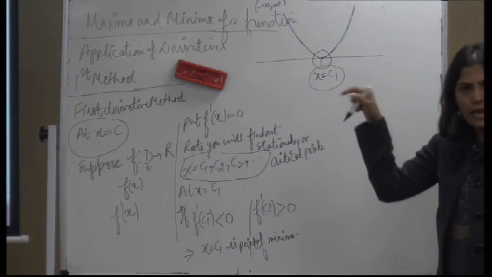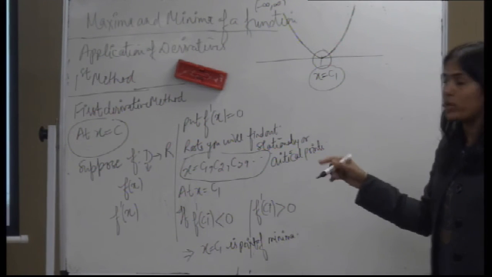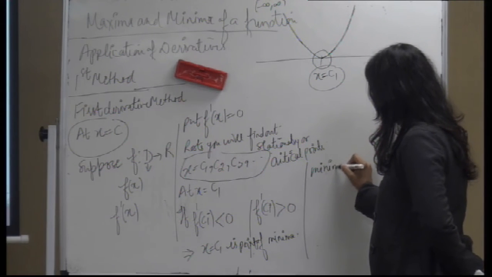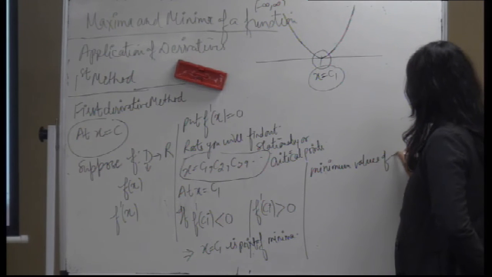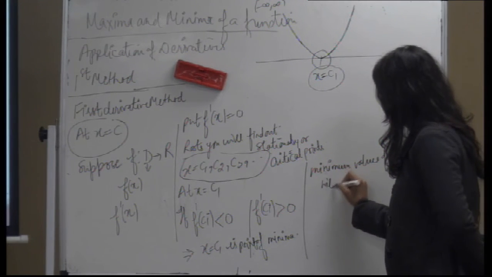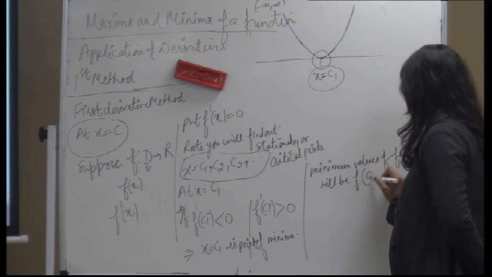Now at this point, if we want to know the minimum value, what will you do? The minimum value will be the value of f at x equal to c1, that is f(c1). Is it fine?